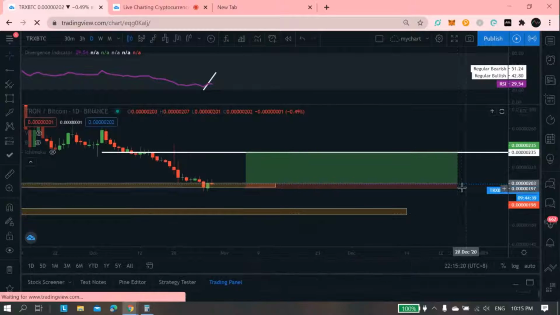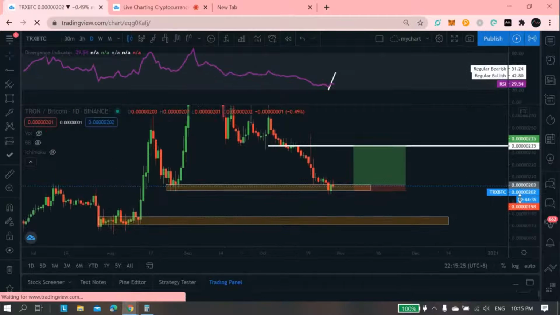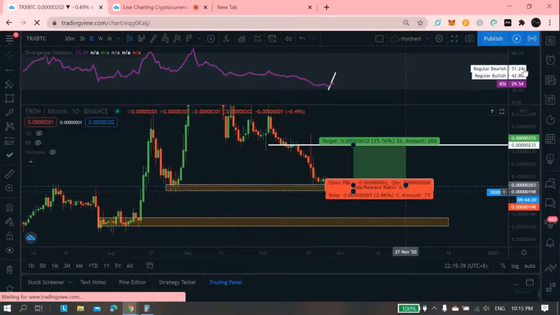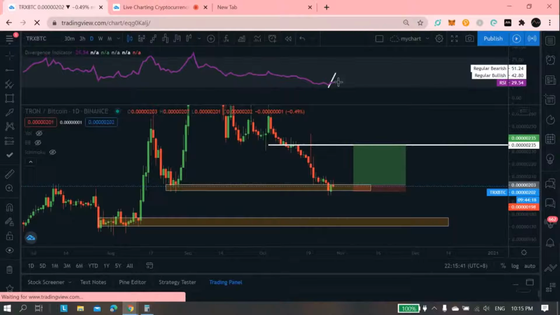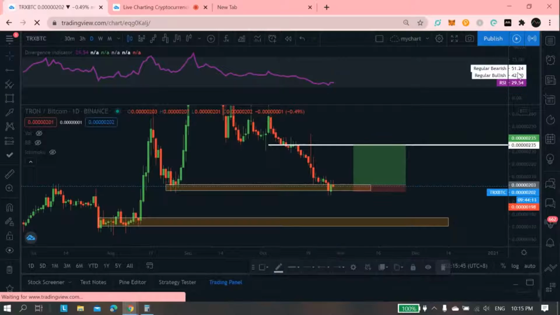Because if it failed, depending on whether I'm trading futures or spot. Of course, for futures there's automatic stop loss, but for spot, I will add another buy at a support area, because currently the RSI is already almost close to 30. Actually, 30 is the default.